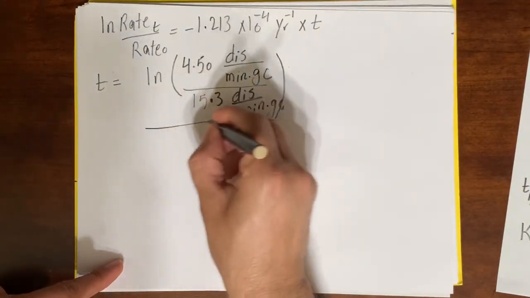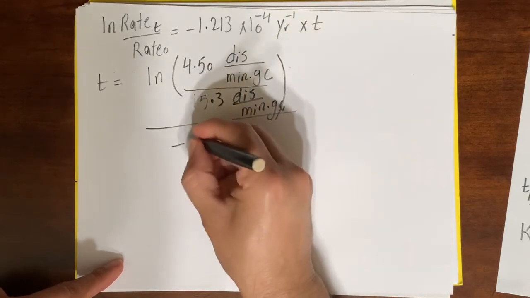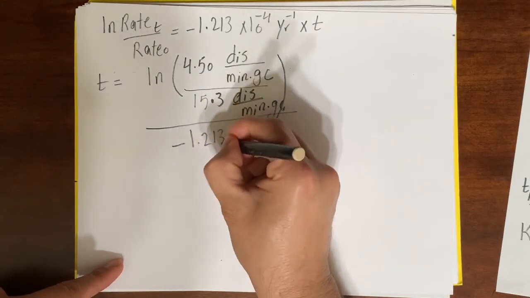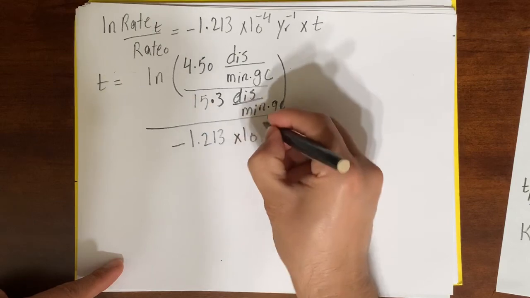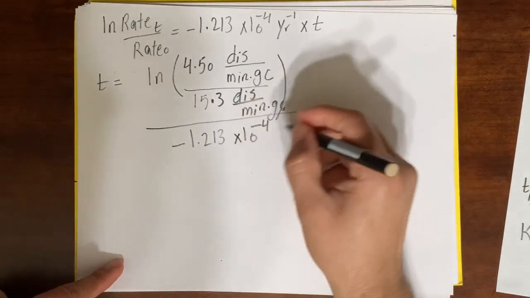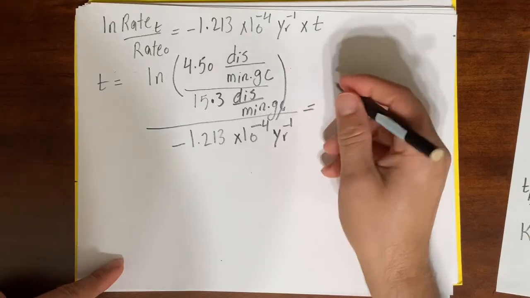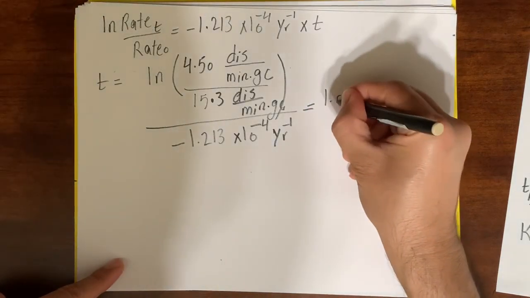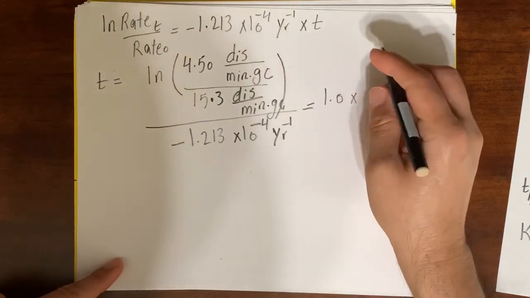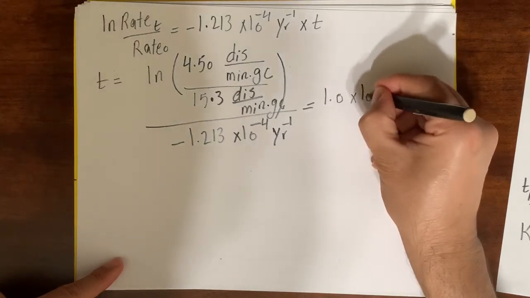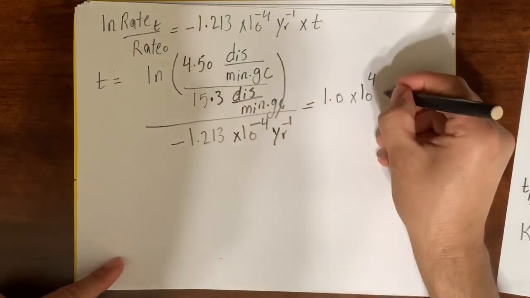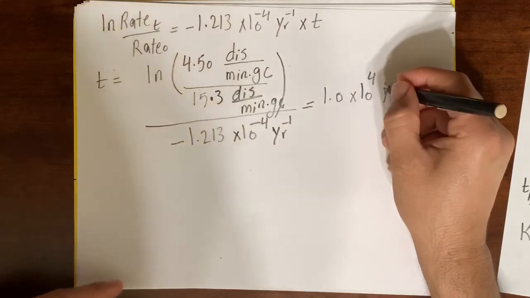And this divided by minus 1.213 multiply 10 to the power of minus 4 year minus 1. And the answer at the end will be 1.0 multiply 10 to the power of 4, and unit is year.